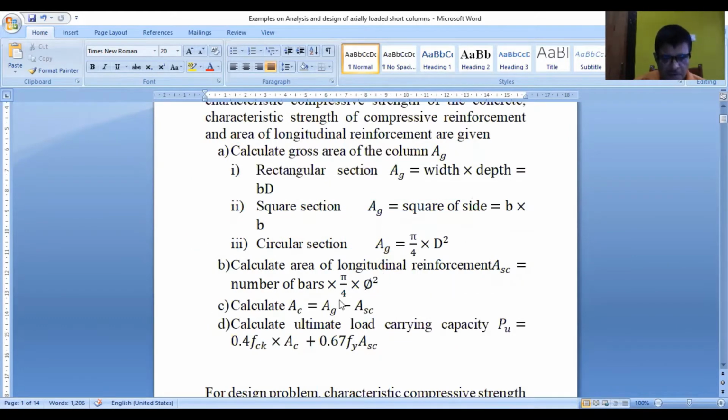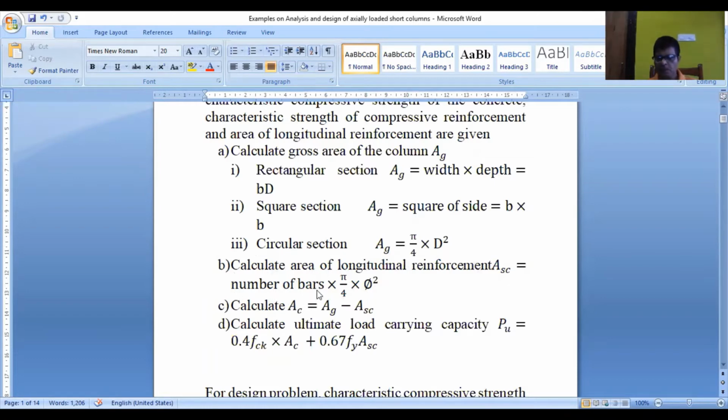Now, once you find the cross-sectional area, you have to find the area of the reinforcement. Area of reinforcement is equal to the number of bars multiplied by the area of a single bar. The area of a single bar is equal to pi by 4 into phi square.